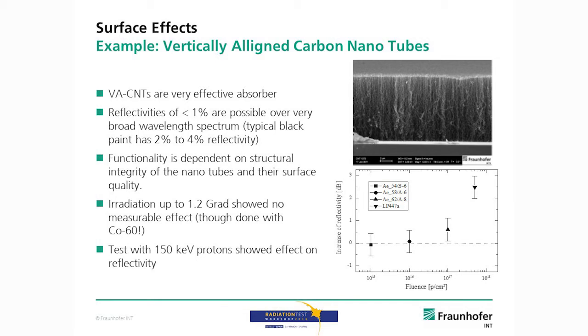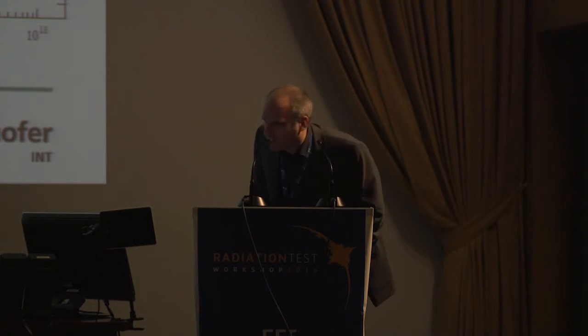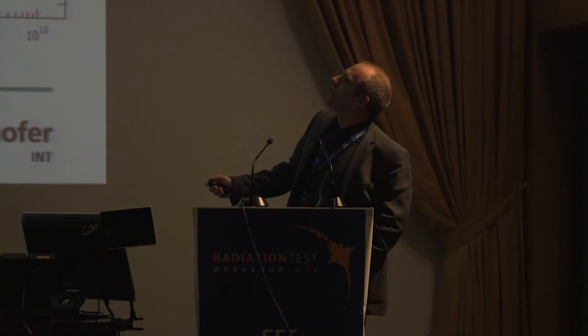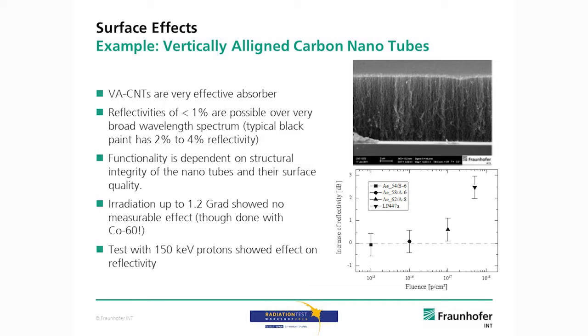Vertically aligned carbon tubes can produce very low reflectivities, below 1%, and 0.1% it should be, I'm sorry, one order more. And typical black paint is much more. The functionality is usually dependent on the structural integrity of these nanotubes, so you are expecting a sensitivity to protons.